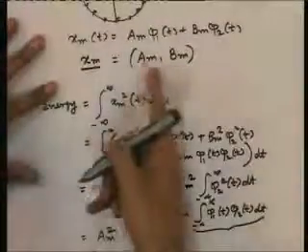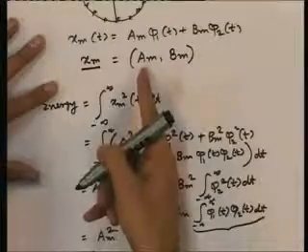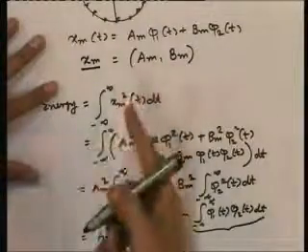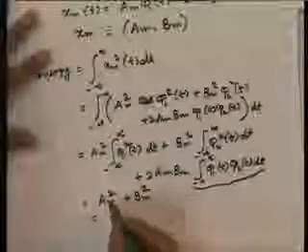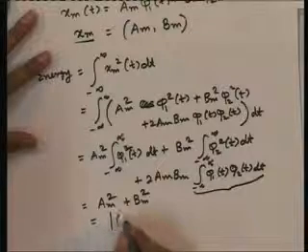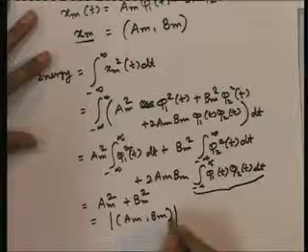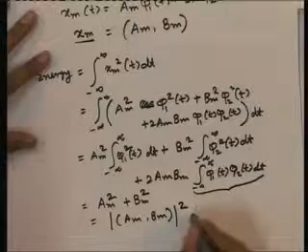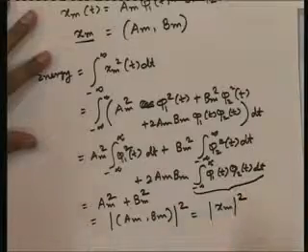Xm is this. What is the length of this vector from 0 to this distance? That is the length, that is root over am square plus bm square, and this energy is the square of that. So this is this vector's length square, that can be written as xm, this length square.